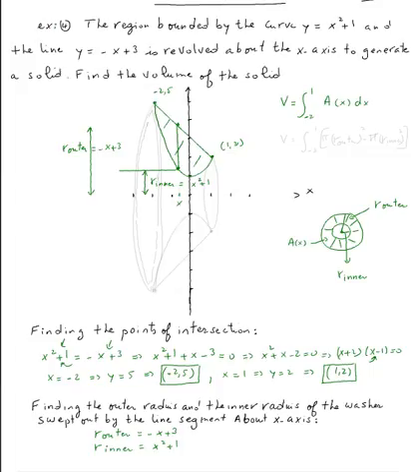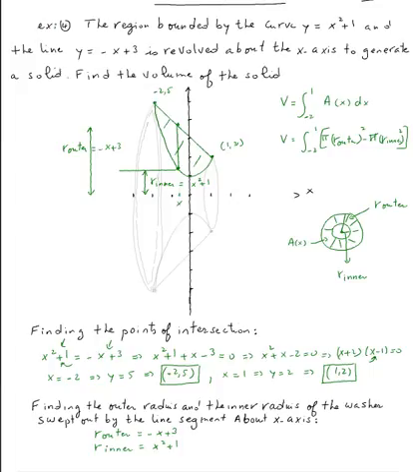It's pi times the outer radius squared minus pi times the inner radius squared, and everything dx.